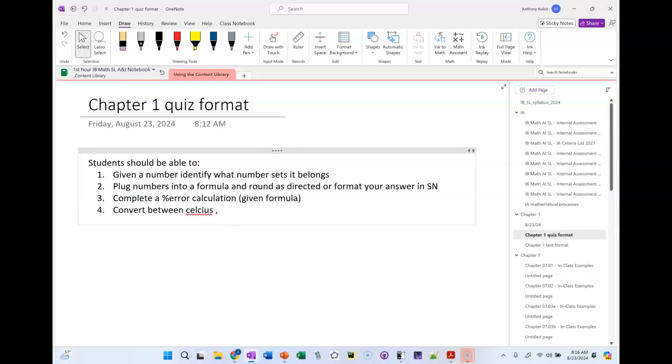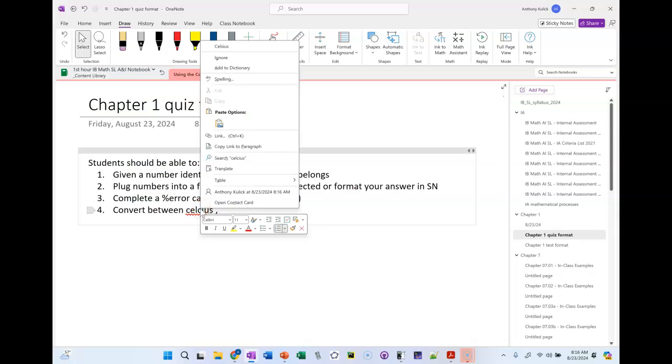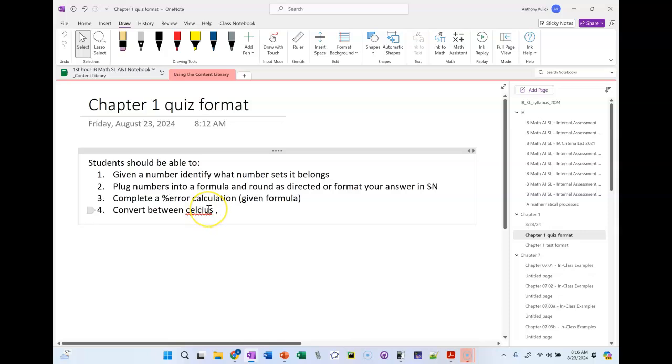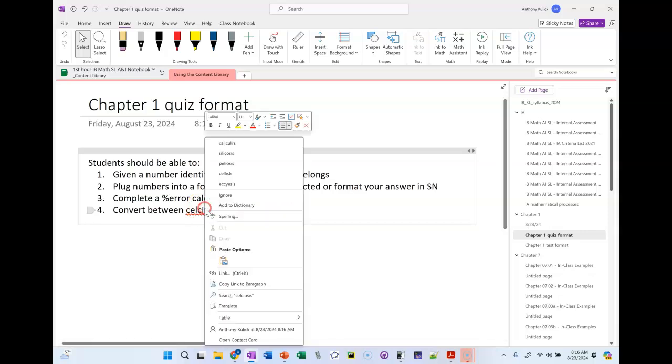Celsius? I don't know. How do you spell Celsius? I'm a terrible speller. Nobody has any? Help me out. That's apparently not close enough for it to offer a suggestion. I just needed to get closer for it to offer a suggestion.